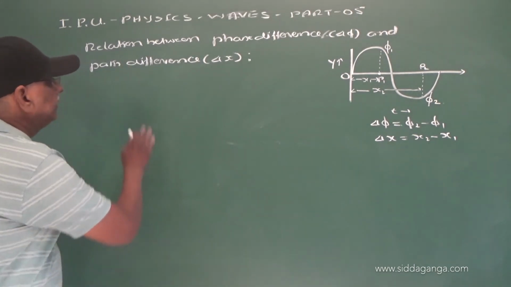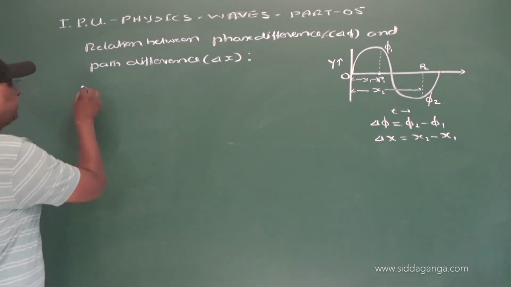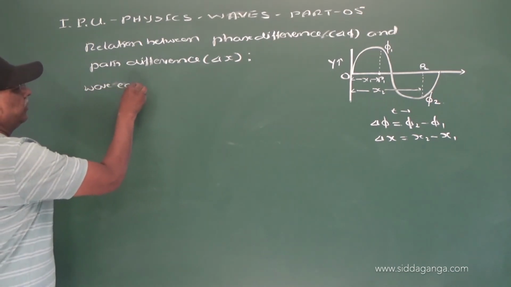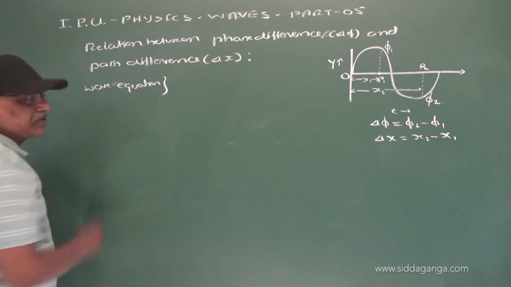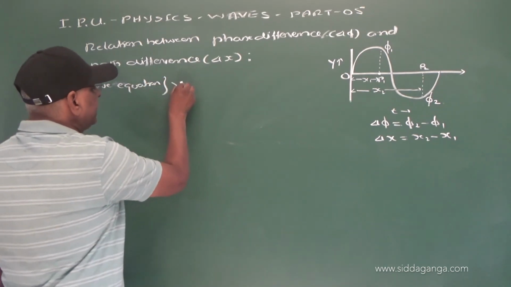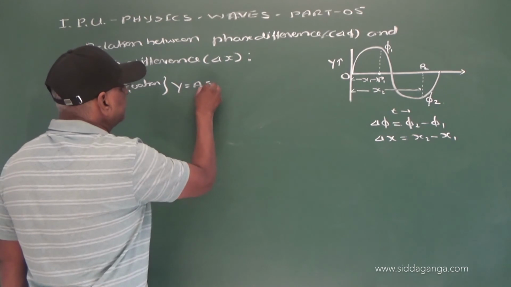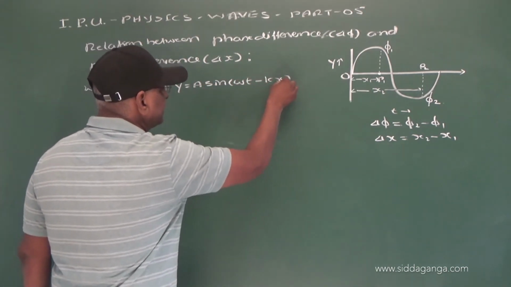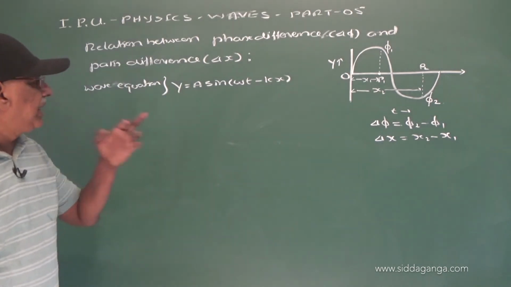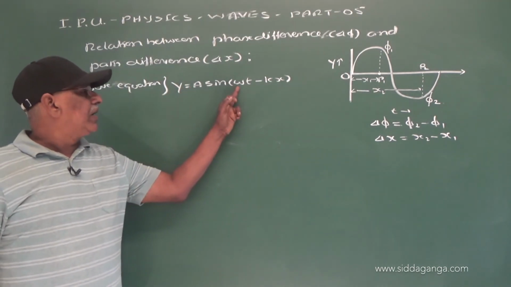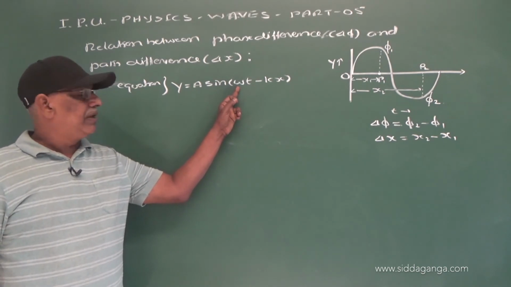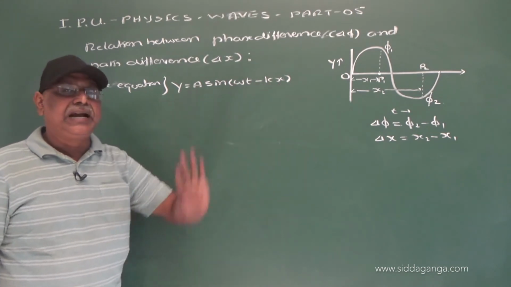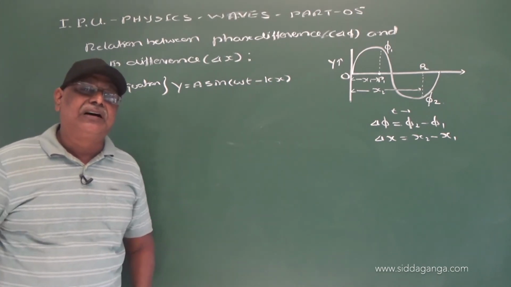Now, we have the wave equation. y is equal to a sine omega t minus kx, where a is the amplitude, omega is the angular frequency, k is the propagation constant and x is the position of the particle.